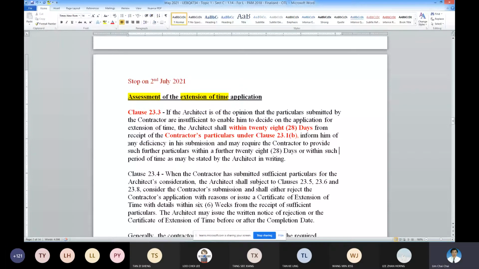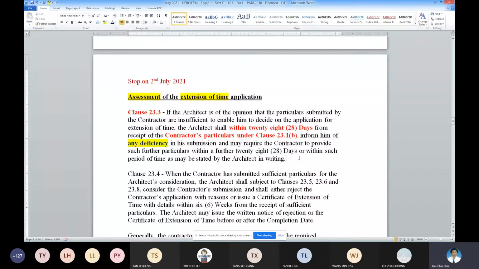So only after the deficient part is complied with, from that day, the consultants will start their evaluation. Okay, so this is the process.